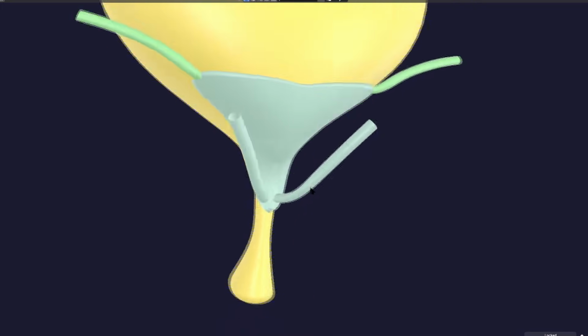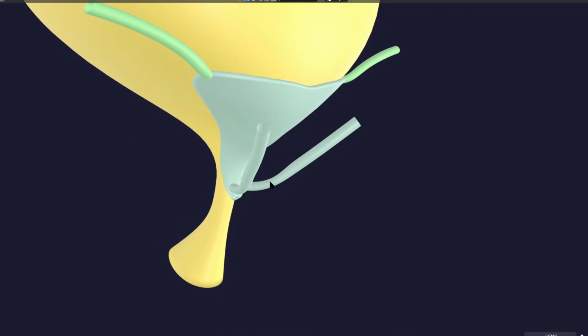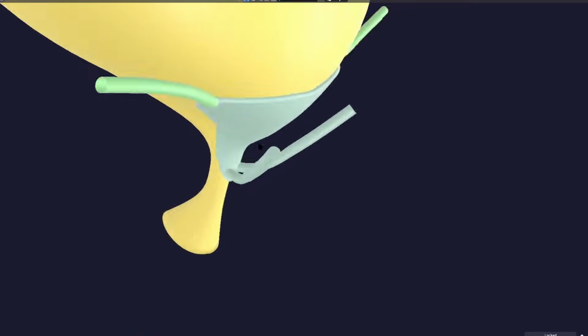So that's how this equilateral triangular smooth posterior wall of the urinary bladder, which is called the trigone of the bladder, actually forms.